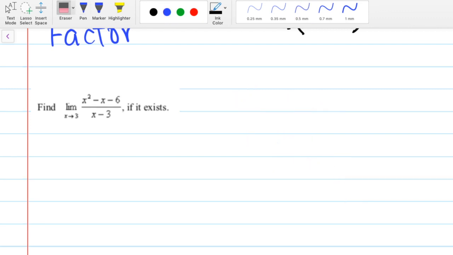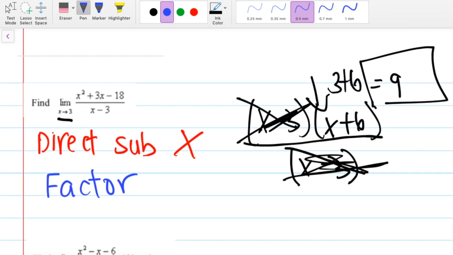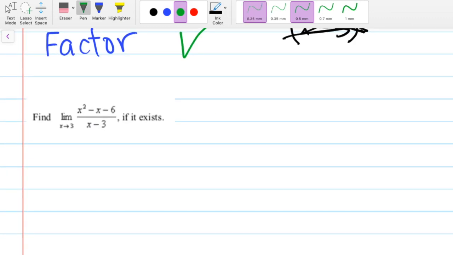So what are we going to do in this situation? The exact same thing that we did in this first problem. Direct substitution, big red X, factoring, check mark. So now we're going to factor. And just as a hint, oftentimes when we're doing simple problems like these, a good way to check is, you know what, I'll explain after this problem. It'll make more sense.